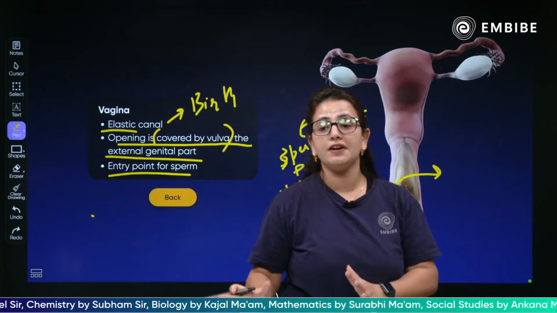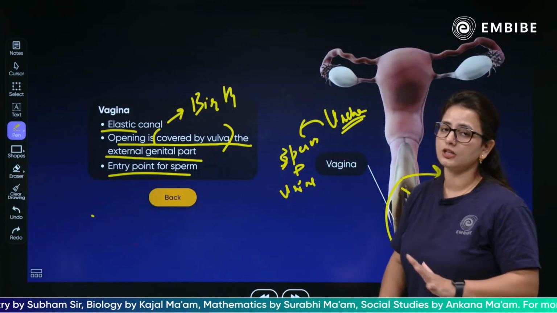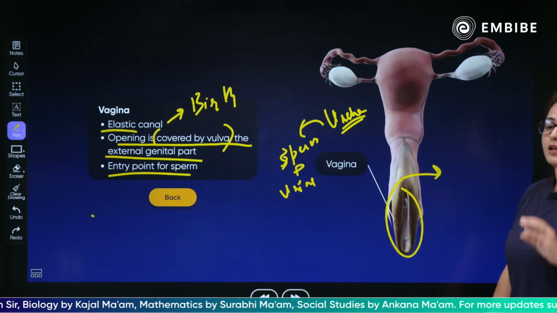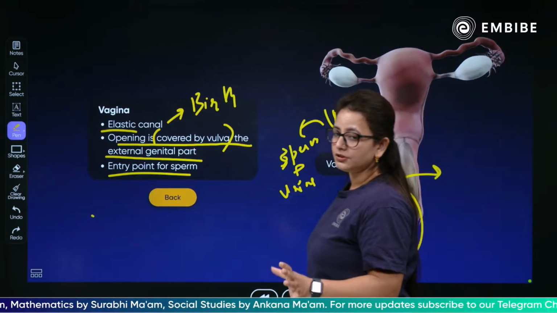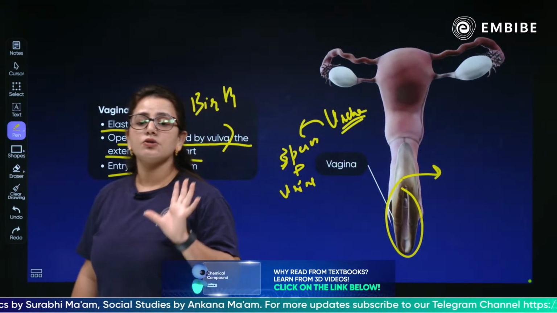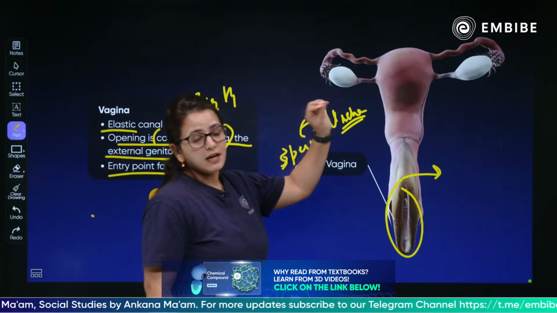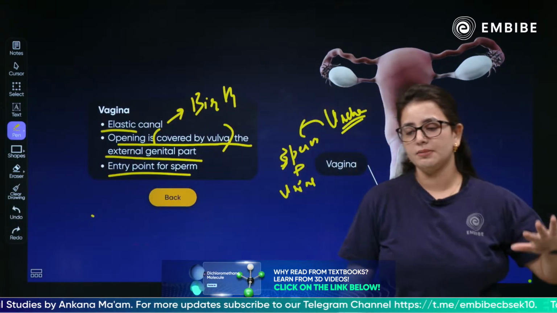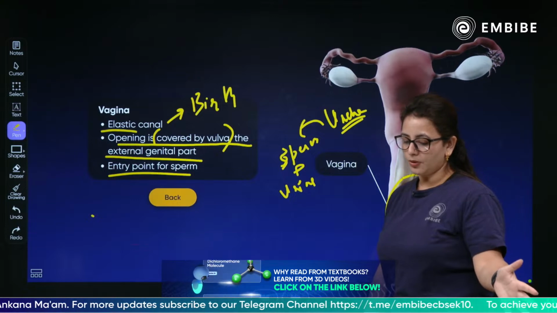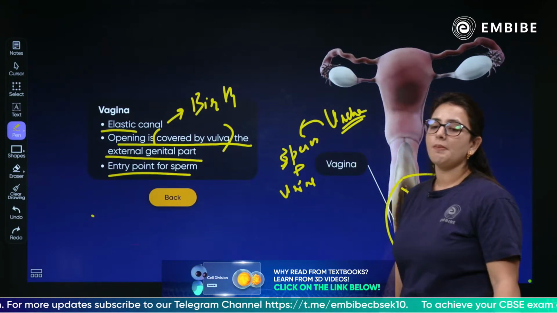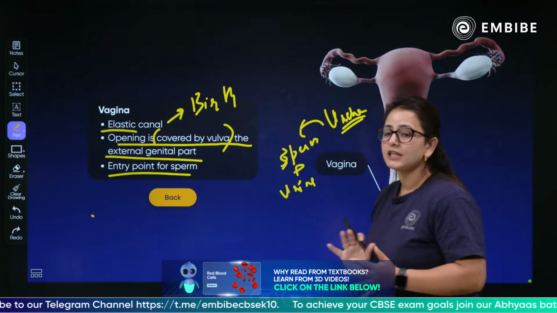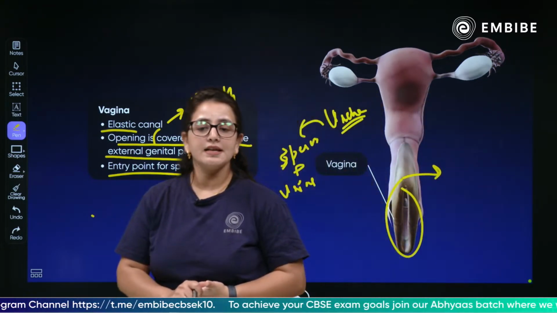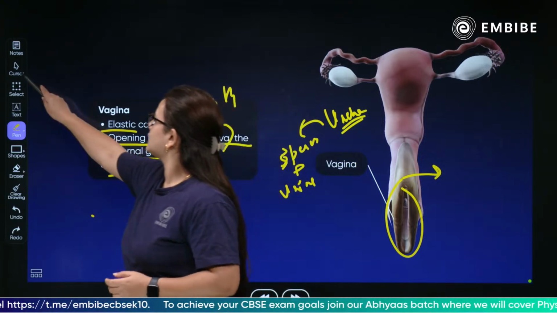They are just next to each other, but they are completely different. The passage is different for urine and for the birth canal. So there was similarity in the male reproductive system, but it is not similar in the female reproductive system. So this is about all the parts present in the female reproductive system. I hope this is clear.